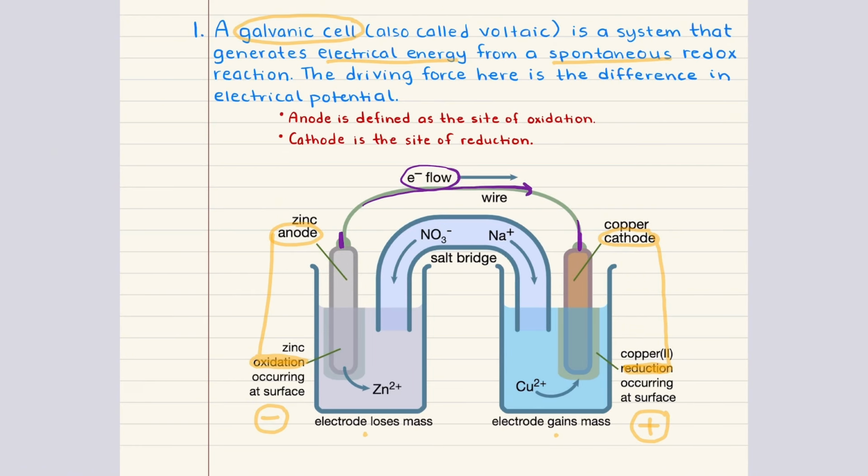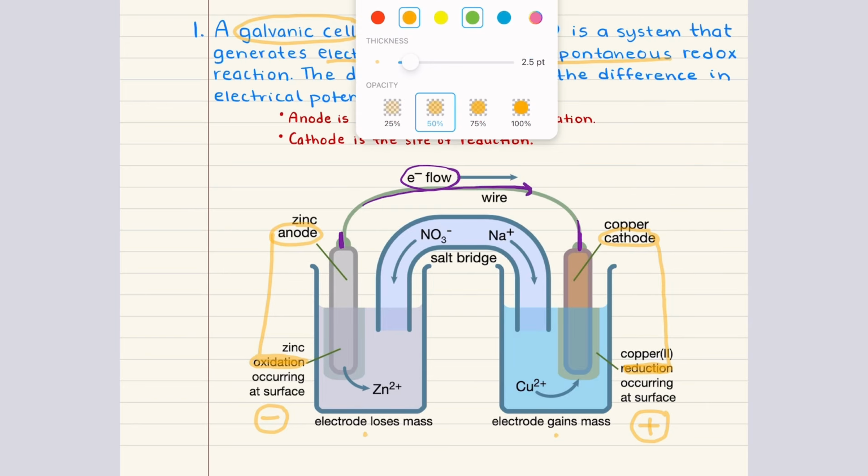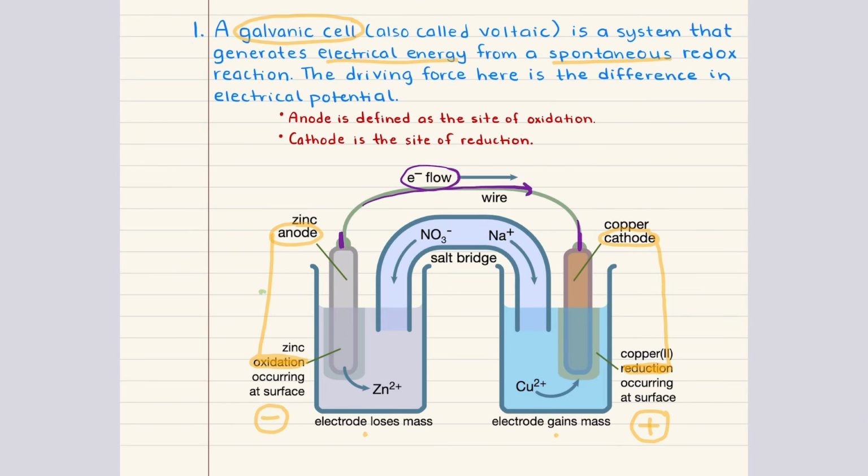This terminology is universal. No matter what the cell is made of, oxidation always occurs at the anode and reduction always occurs at the cathode. And electrons are always going to flow from anode to cathode through the external wire.